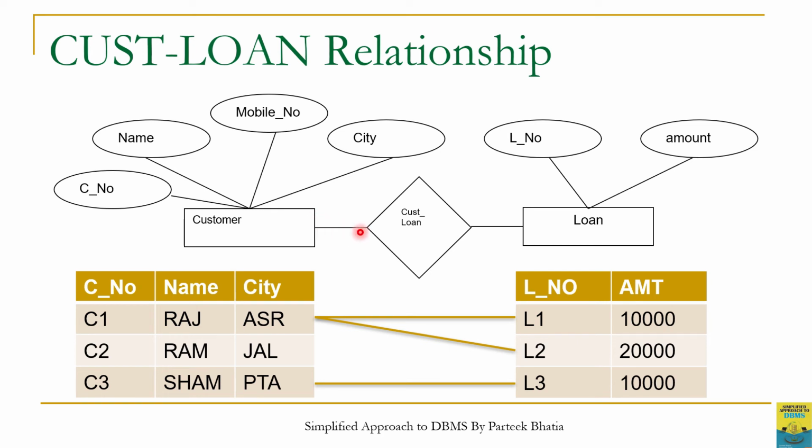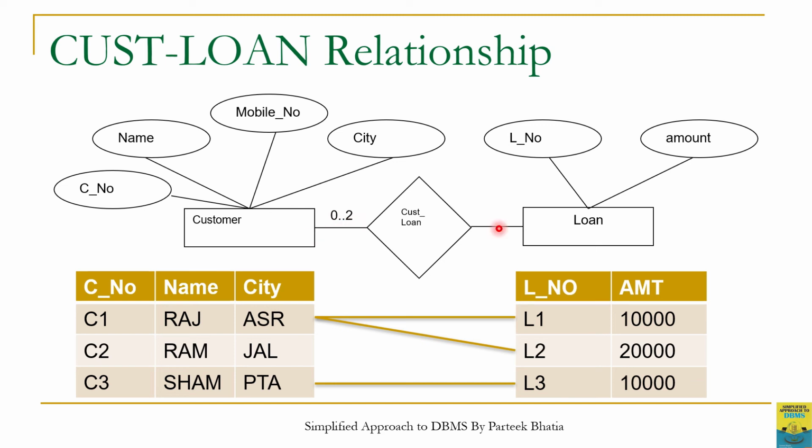So we can label this edge to indicate the cardinality of the customer entity set in this relationship. From this data set, you can see that a customer can take a minimum of 0 loans and a maximum of 2 loans. So the cardinality for customer to loan will be 0 to 2. The cardinality of customer in this relationship is 0..2. 0 indicates its minimum count while 2 indicates its maximum count.